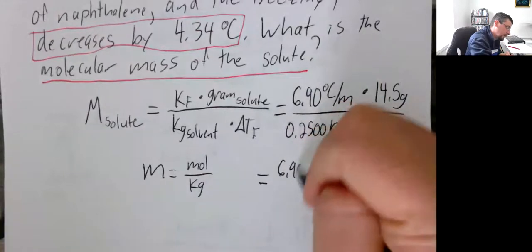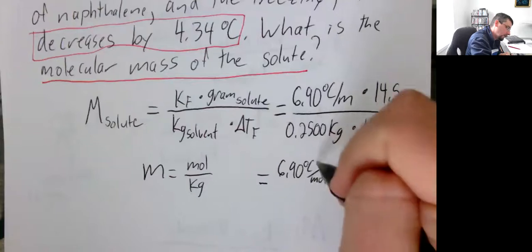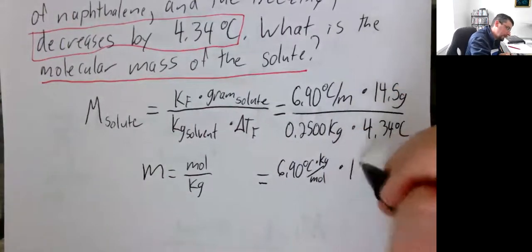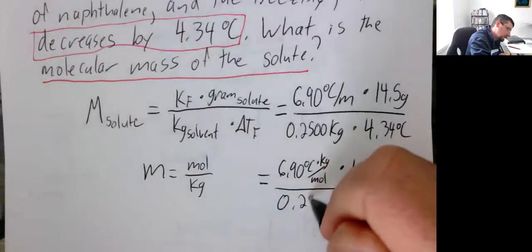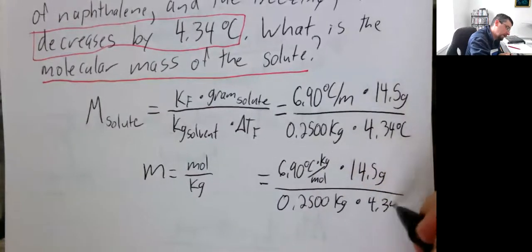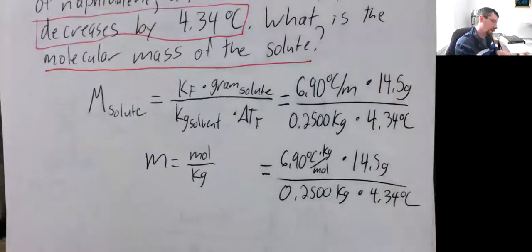So 6.90 degrees C times kilogram over mole, times 14.5 grams divided by 0.2500 kilograms times 4.34 degrees C. If we look, let's see what units are going to cancel out.